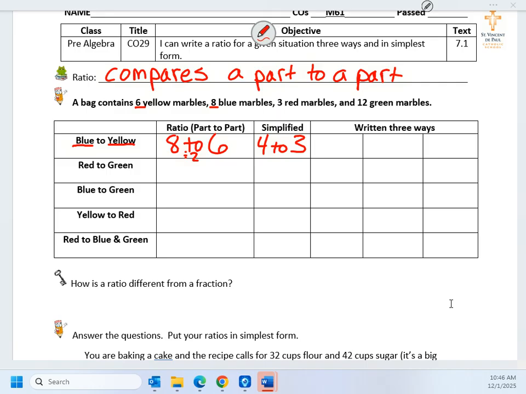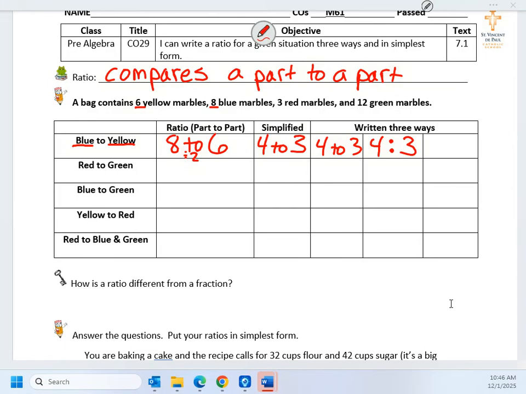Now we have 3 different ways to write this ratio. The first one is just like I wrote it here with the word to, 4 to 3. So the first way is with the word to. The second way is instead of writing the word to, we use a colon.